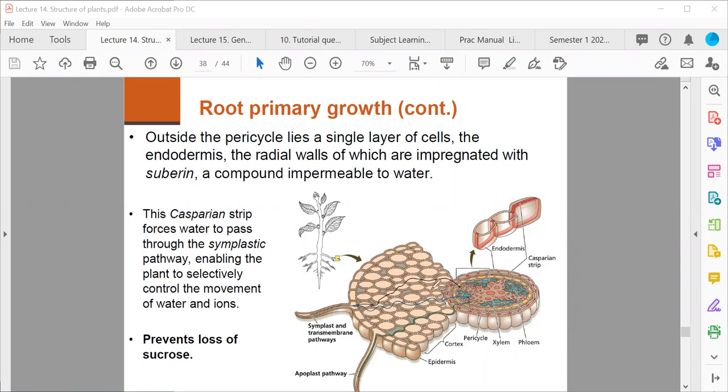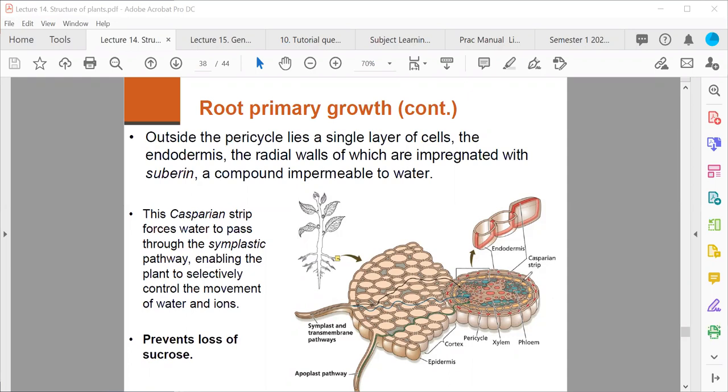So most of the root tissue is taken up by these cells of the cortex. Then we come to the central vascular cylinder. So to the inside of the vascular cylinder, we have that star-shaped xylem. And then in blue, we have the 4 points of the phloem tissue.